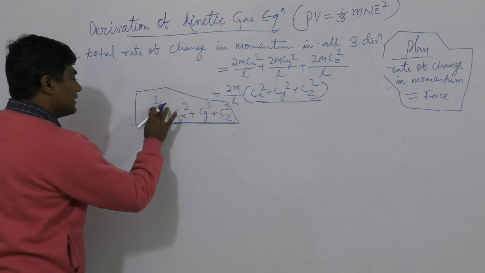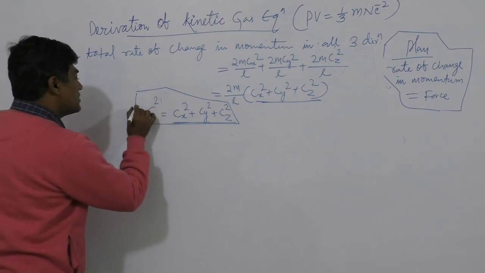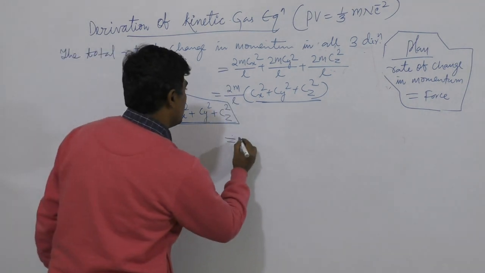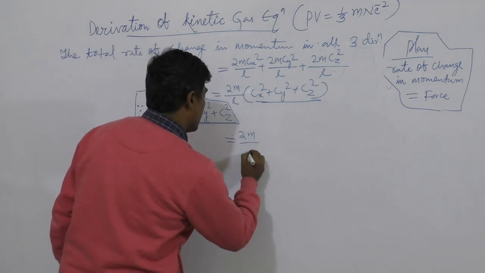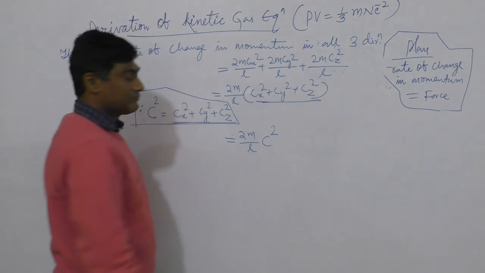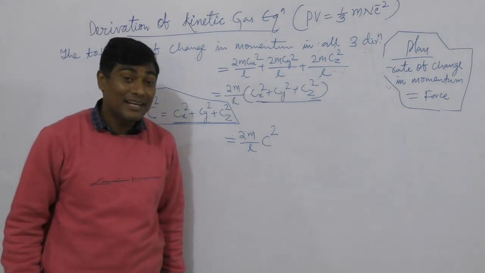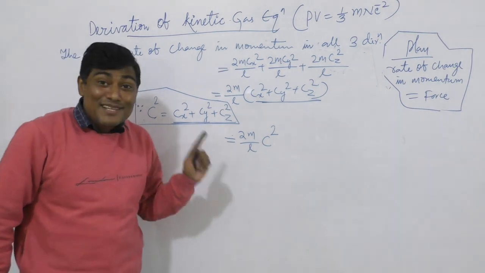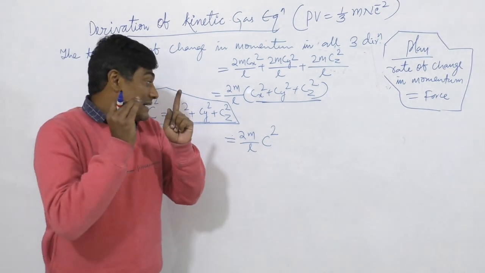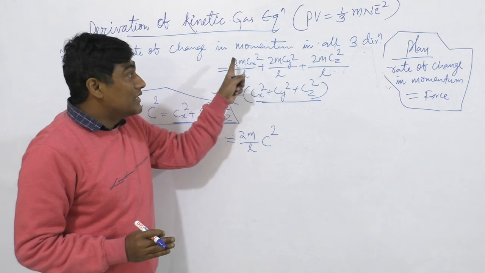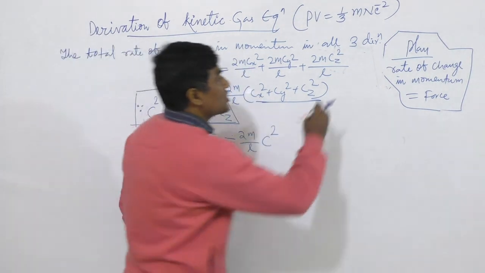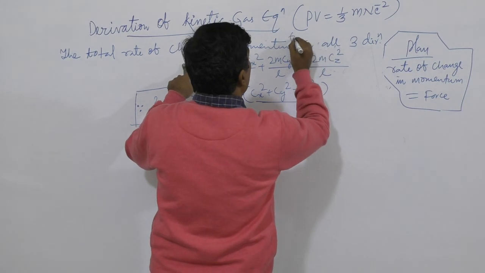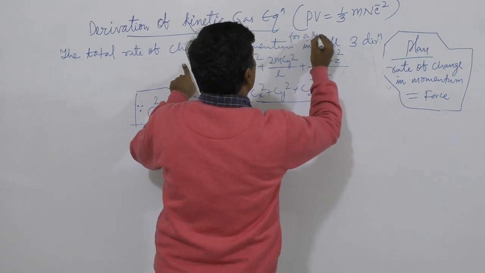So we can write 2m by L c square. Now this is the rate of change in momentum in all three directions for a single molecule.